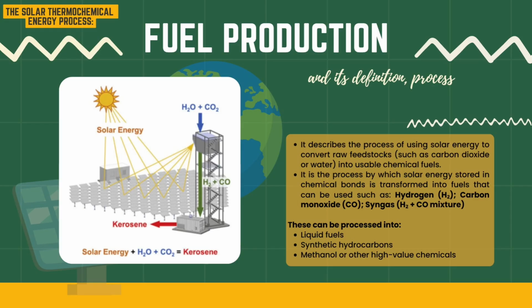It is the process by which solar energy is stored in chemical bonds, transformed into fuels such as hydrogen, carbon monoxide, or syngas. These can be processed into liquid fuels, synthetic hydrocarbons, methanol, or other high-value chemicals. So the main products are hydrogen, carbon monoxide, and syngas, which can be refined into liquid fuels.